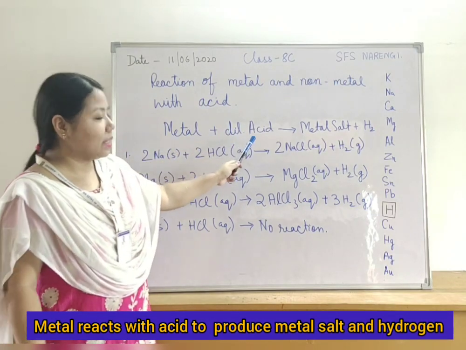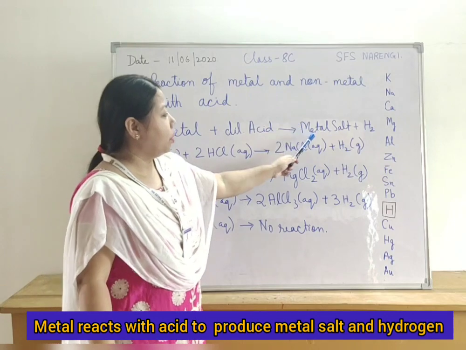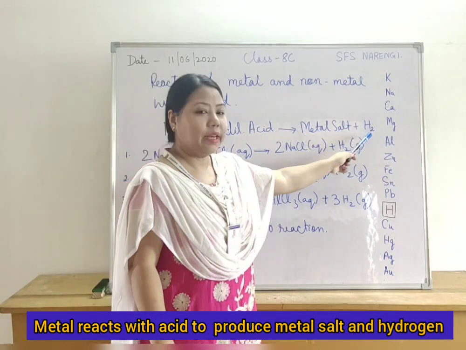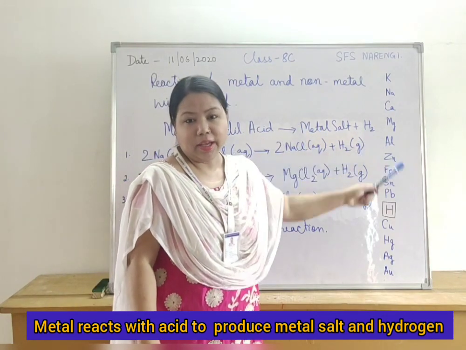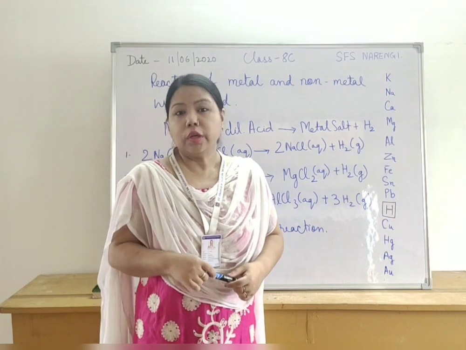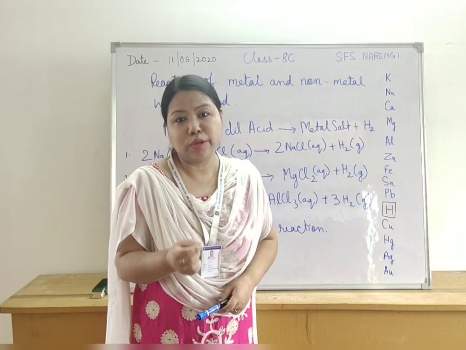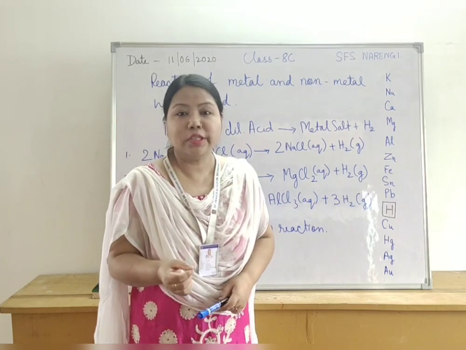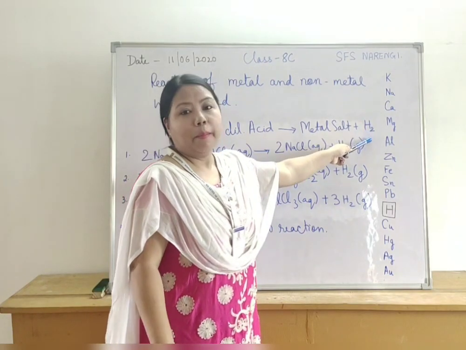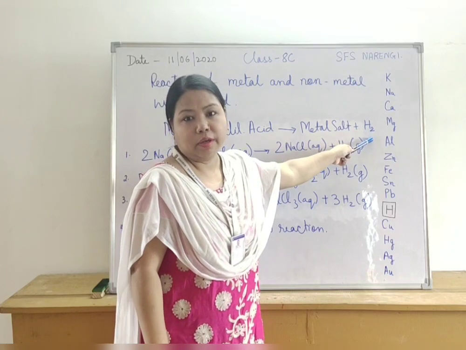Metal reacts with acid to produce metal salt and hydrogen gas. And the pop sound which is heard when the burning matchstick is brought close to the mouth of the test tube is due to the presence of hydrogen.